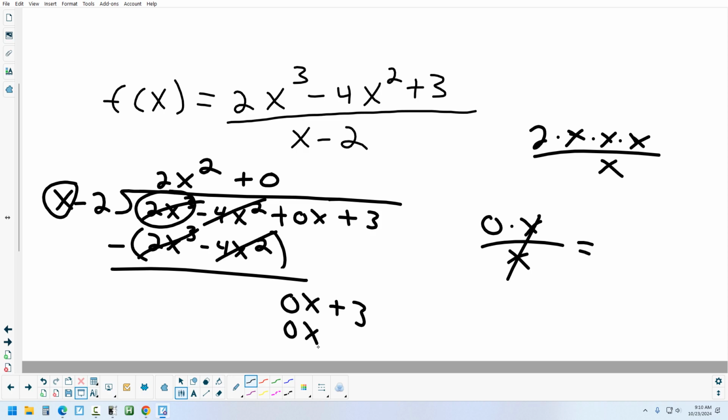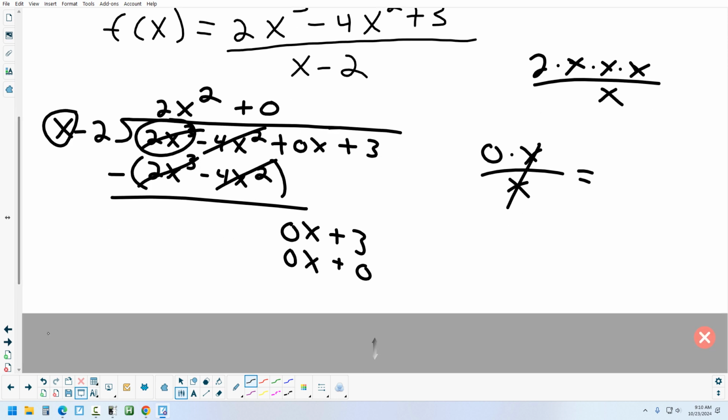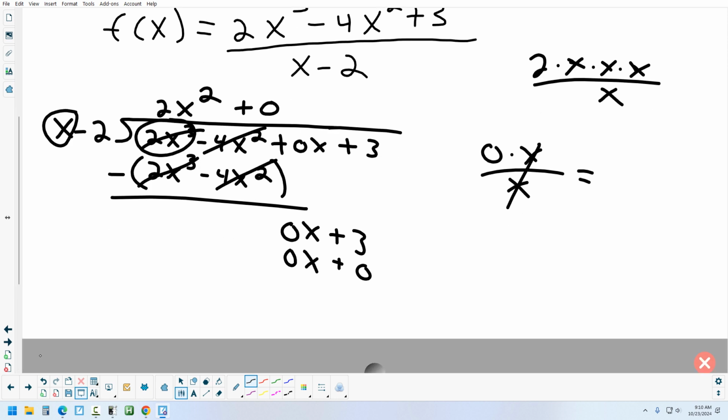And what's 0 times negative 2? 0. You're just getting all zeros. And then what do we always do with our columns? You're subtracting, but you're subtracting zeros, so those just cancel. And then 3, take away nothing is what? Just 3. So the remainder is just 3.